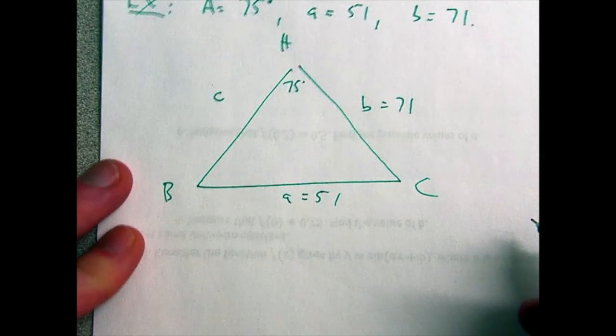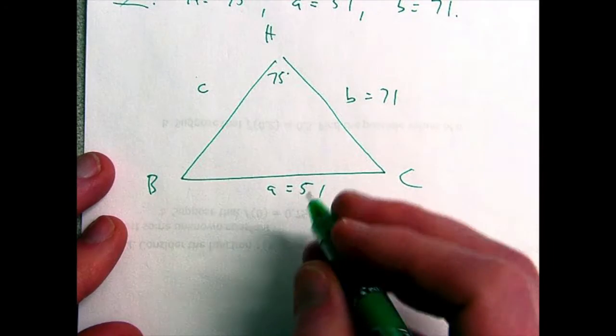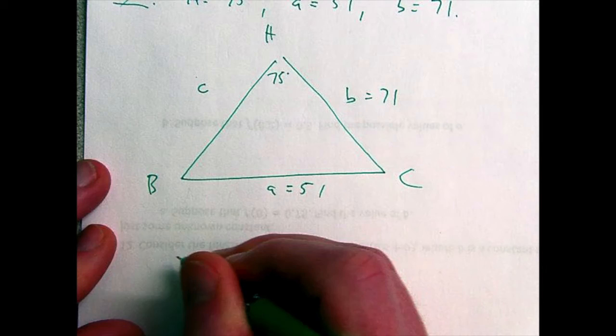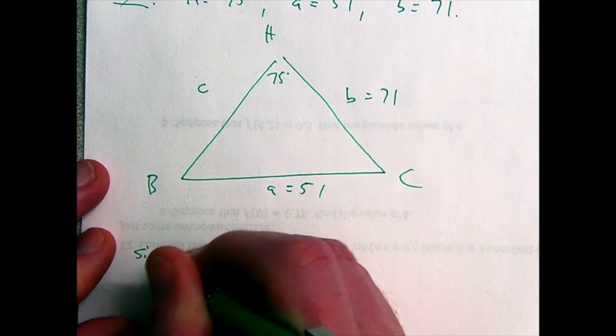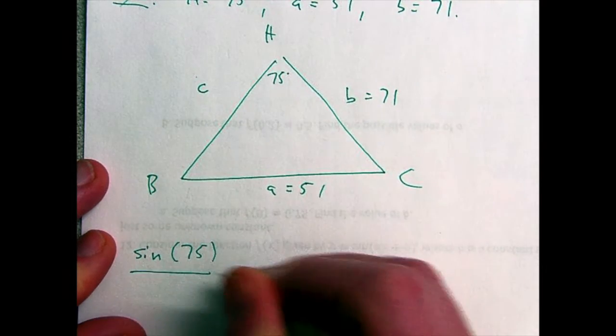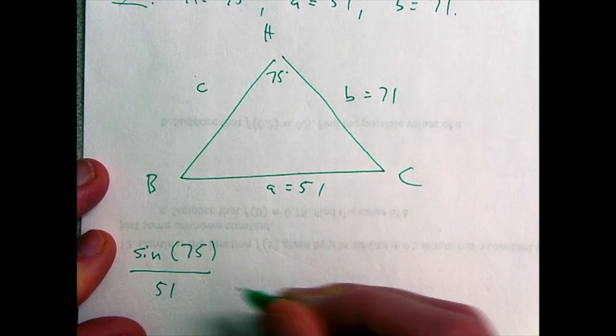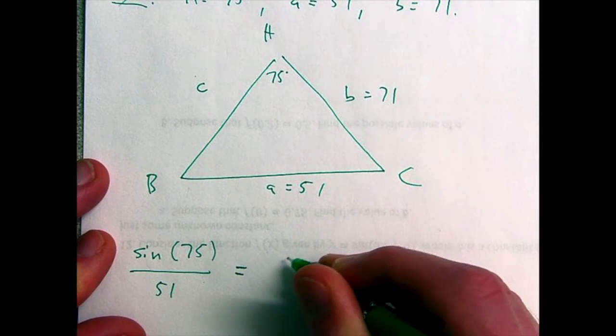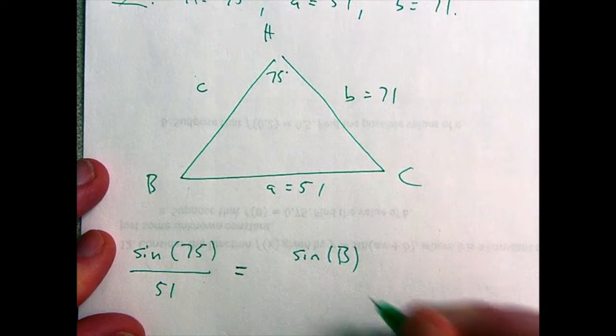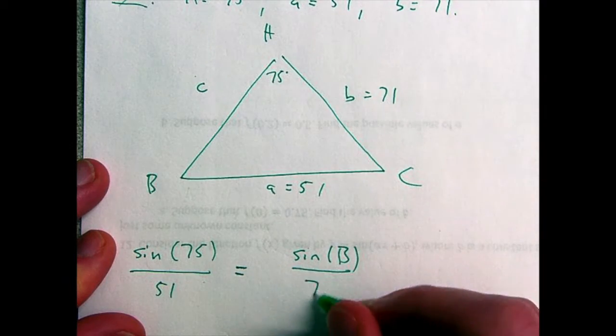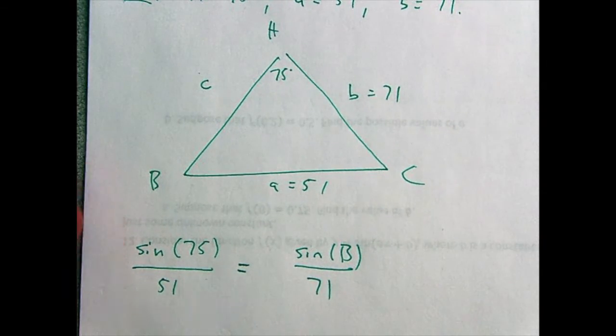Once again, you'll notice that you can use the law of sines in such a way that you only have one unknown. Namely, I can write the sine of 75 over its opposite side, that's 51, is going to be equal to the sine of capital B over its opposite side, 71. Right?